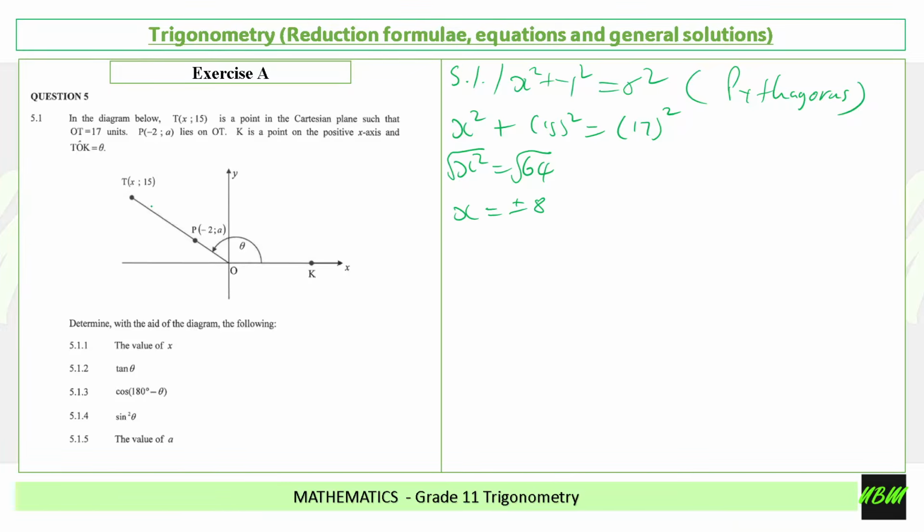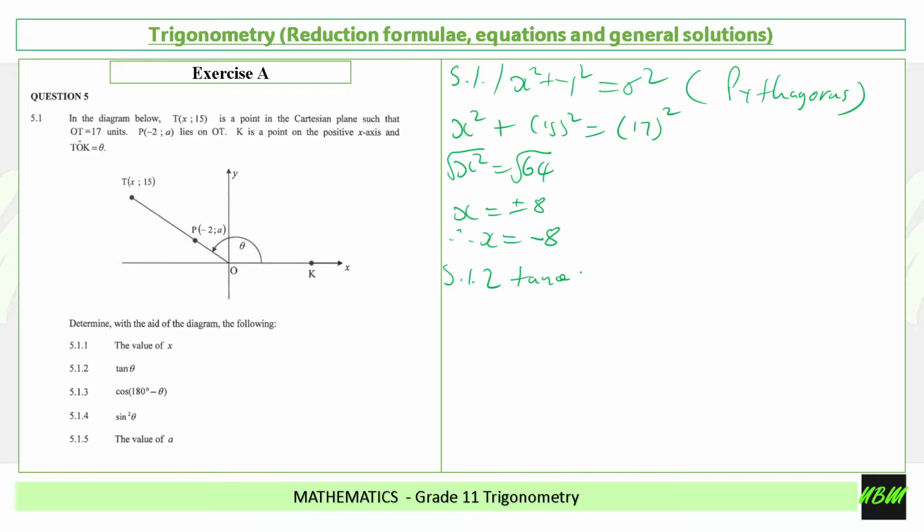But on the Cartesian plane, we can see that point T is in the second quadrant, and in the second quadrant the values of x are negative. Therefore x is equal to -8. Now 5.1.2, we have to determine tan theta.